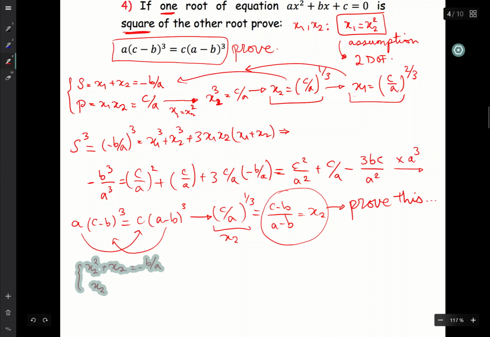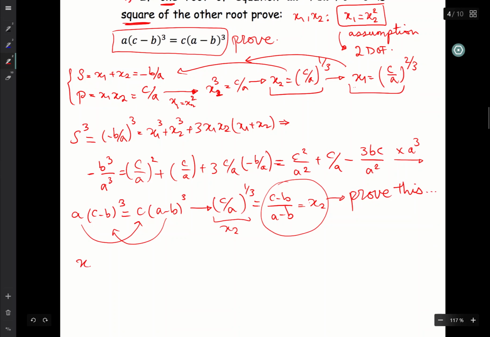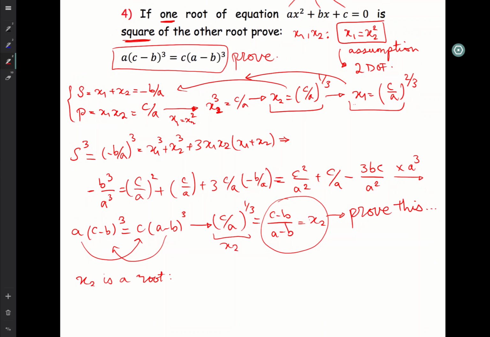But okay, this is interesting. Based on the product x1 times x2 equals c over a, we calculated x2 and then we calculated x1, right? But the thing is that x2 is actually a root, and x1 is also a root.